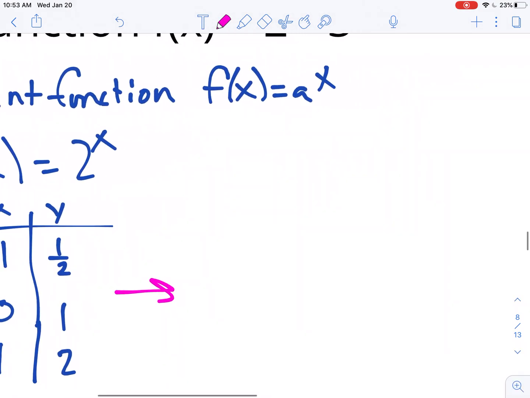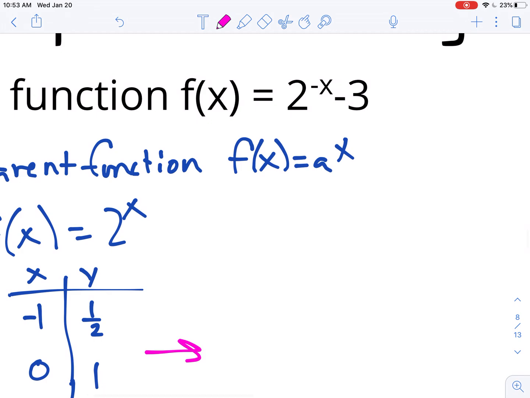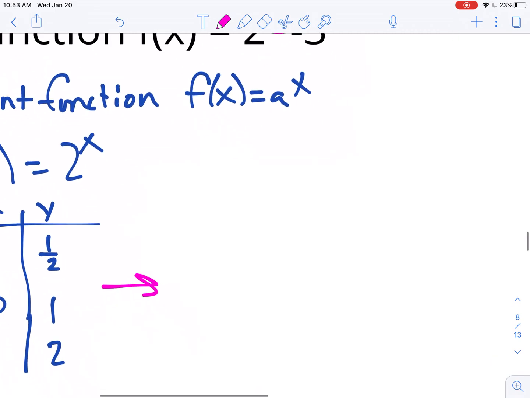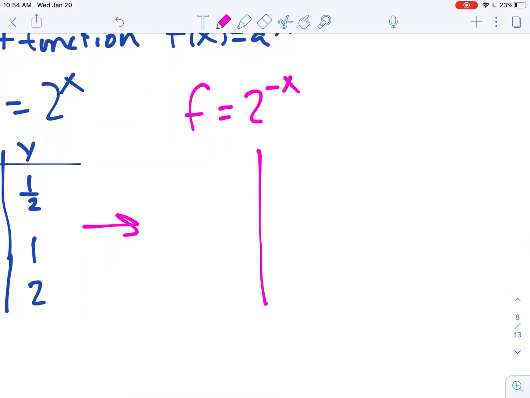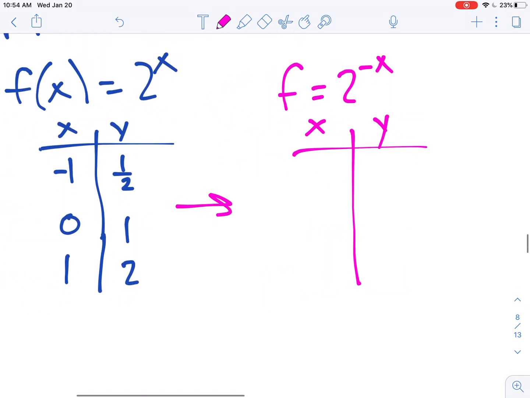First thing I'm going to do is move from the inside out. So I'm going to look at what happens to my x first, which is -x, and I'm going to find f is equal to 2 to the negative x power. When you have 2 to the negative x power, remember that you reflect it about the y-axis. So what happens here, when I reflect about my y-axis, +1 becomes my -1 value, so this is 2. 0, 1 is going to stay the same, and then 1 would become 1/2.